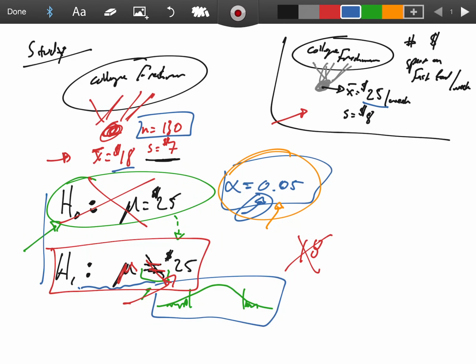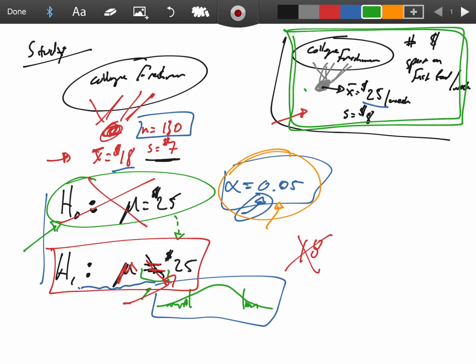Again, looking at this step by step. We started by looking at the given information from a previous study, saying, here's what they said the average was. Here's the information from my new study. And I'm going to walk this through a process.